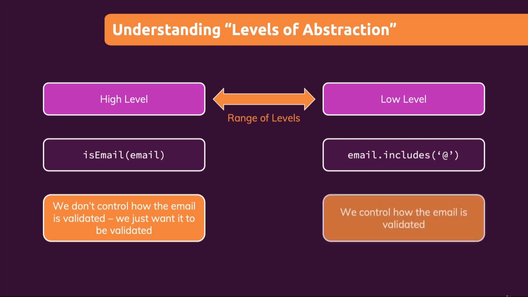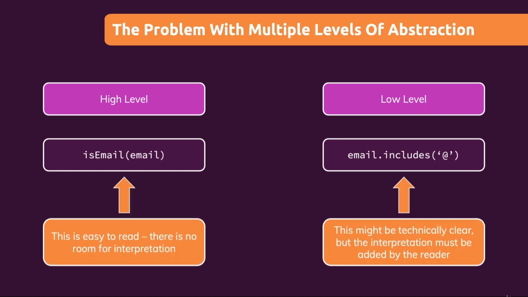Now, with the low-level example, we do control how the email is validated. This is the concrete code which decides whether something is valid or not. But the interesting thing is that with the low-level example, it's not even clear that we're talking about email validation. Includes is a method we can call on any string.